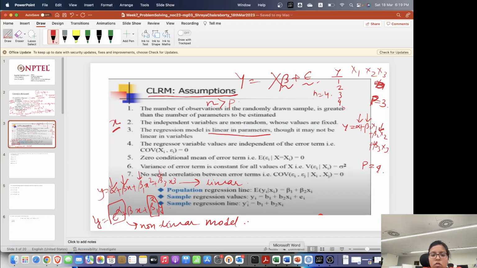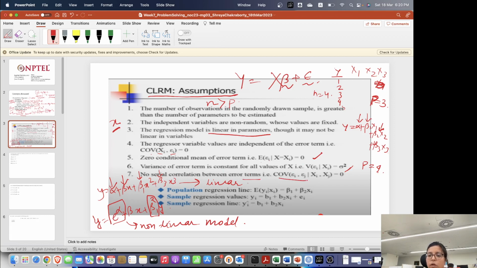Okay, so moving on, the other assumption was that the regressor variable values are independent of the error term, that is, the covariance between the predictor xi and the errors is 0, and also the expectation of epsilon i for any x is 0, and for any x, the variance of epsilon should be sigma square, and there should not be any serial correlation between the error terms.